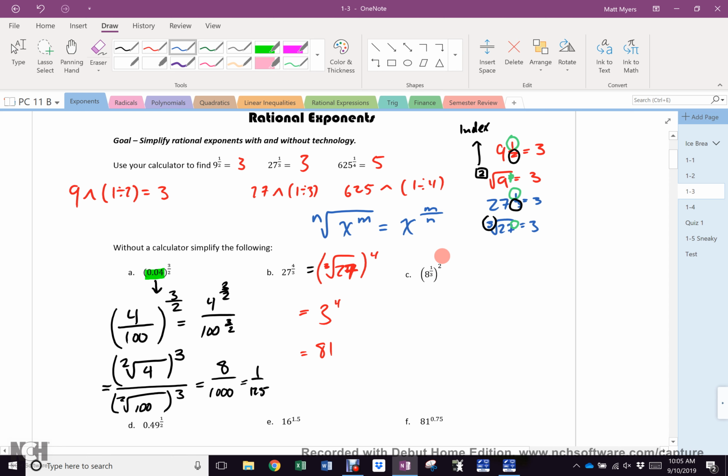What is 1/3 times 2? 2/3. And then this looks exactly like what we've been dealing with. Cubed root of 8 squared. What is the cubed root of 8? 2 to what power? Which is 4.